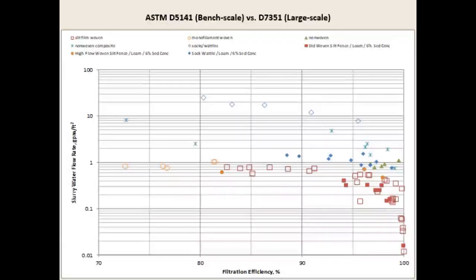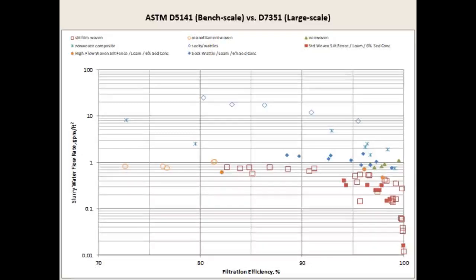This graph combines all test results into a single graphic to better see the relationship between bench scale and large scale test results. It is quite clear when comparing data from D5141 to D7351 for similar product categories that in all cases, large-scale testing produced lower slurry water flow rates and higher filtration efficiencies.